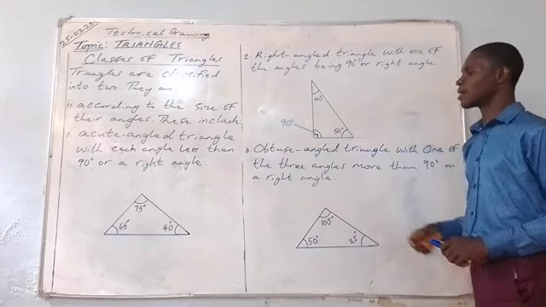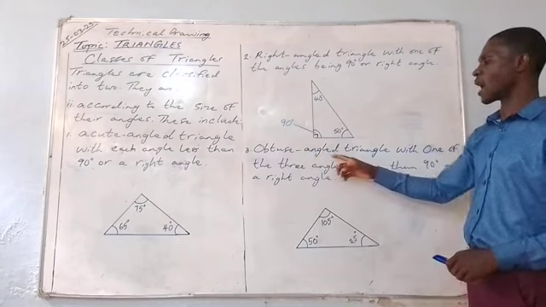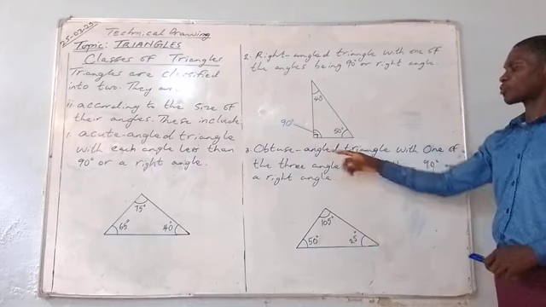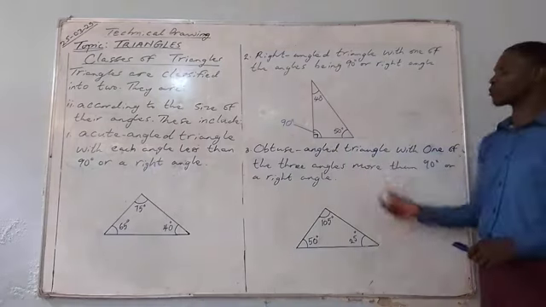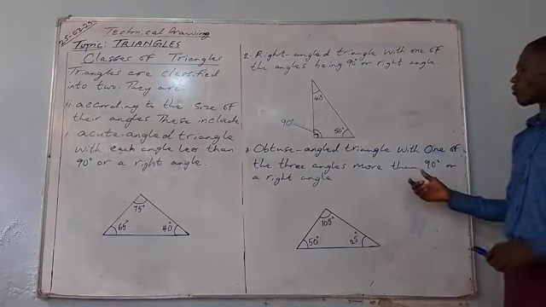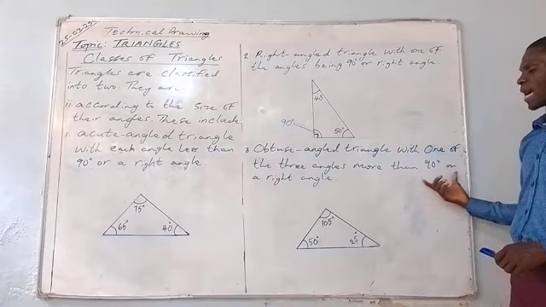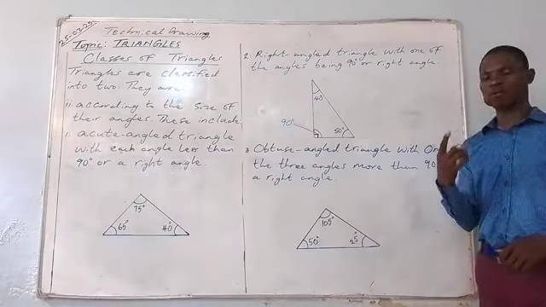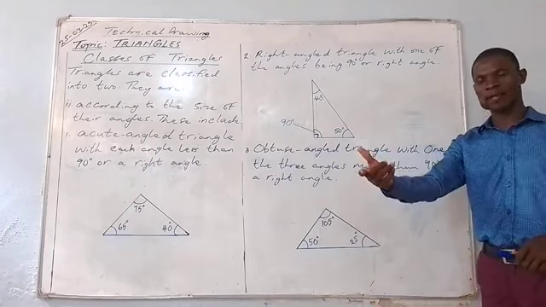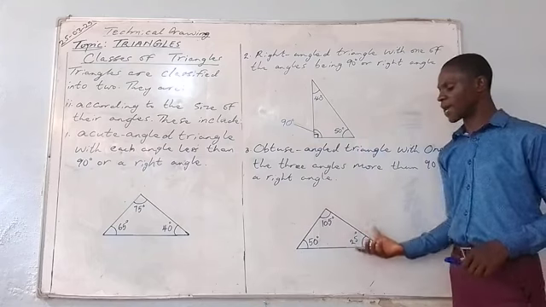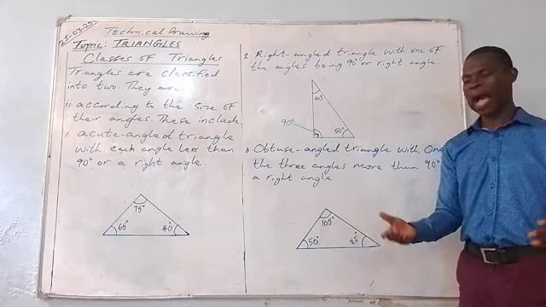Now, the last example under this classification is the obtuse angled triangle. With an obtuse angled triangle, one of the three angles is more than 90 degrees, or more than a right angle. As you can see here, this is an obtuse angled triangle. How?